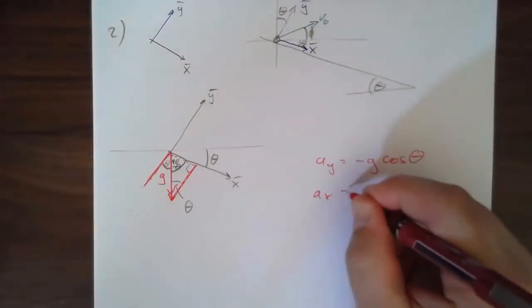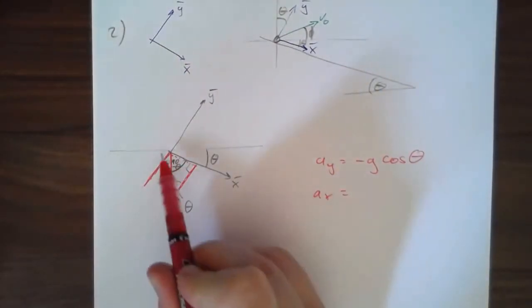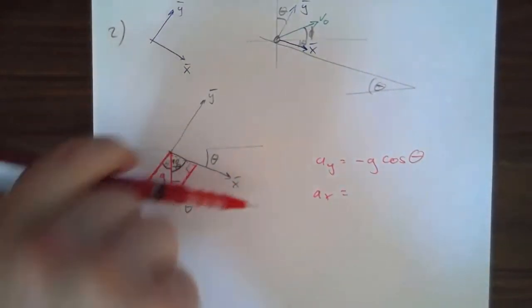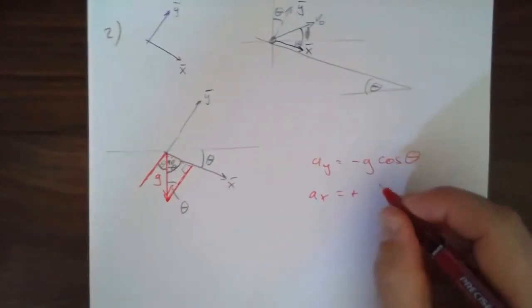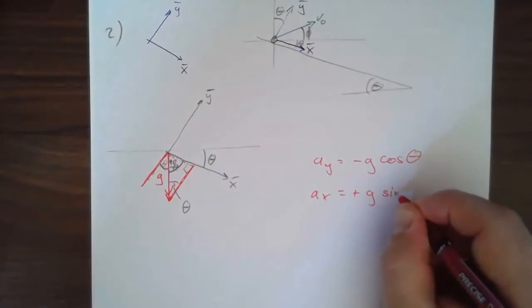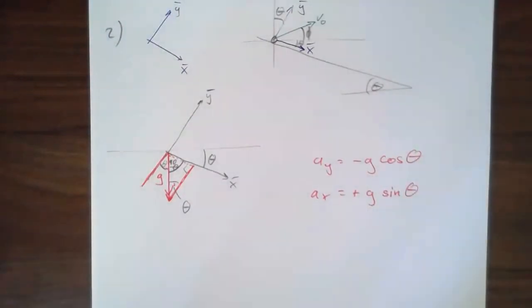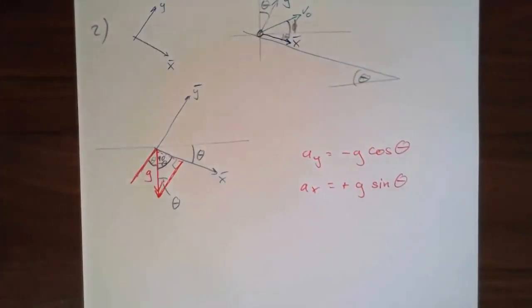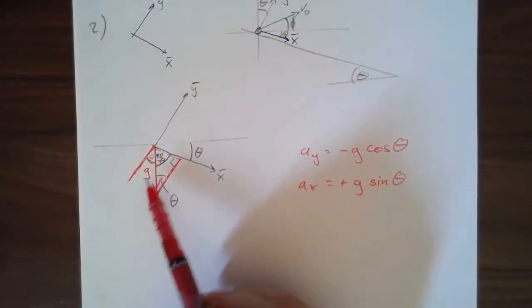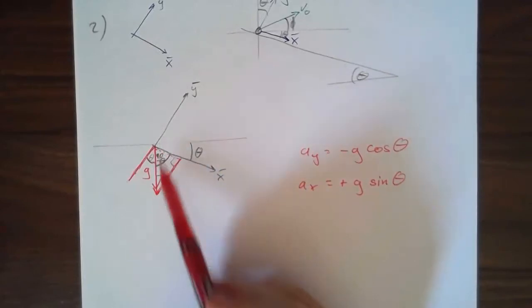And a_x, well, it's pulling it forwards in the positive x direction, like from here, this way, right, in the positive direction, plus g, and this side is the opposite of this, g sine theta. So I think it's the first time we actually had to decompose an acceleration vector, in this case, the acceleration due to gravity, into components.